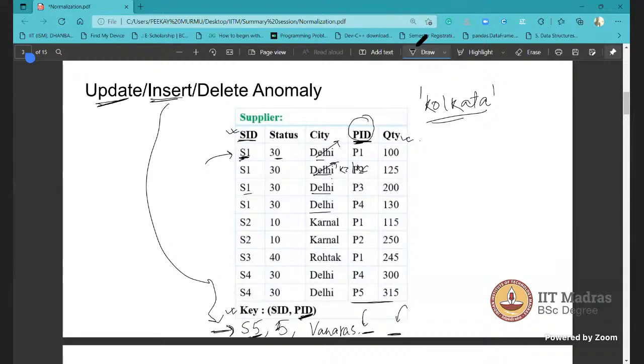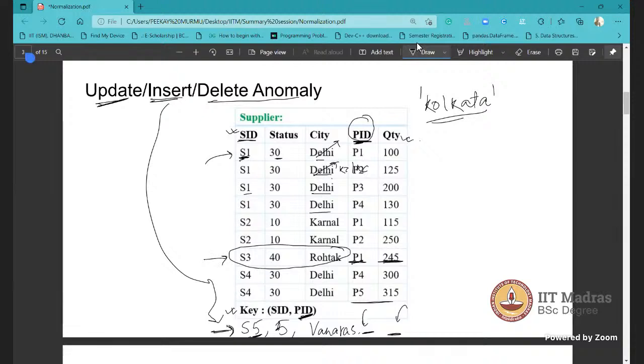And what is delete anomaly? You can see that if we delete this particular data, P1 where quantity is 245, this information also gets deleted.